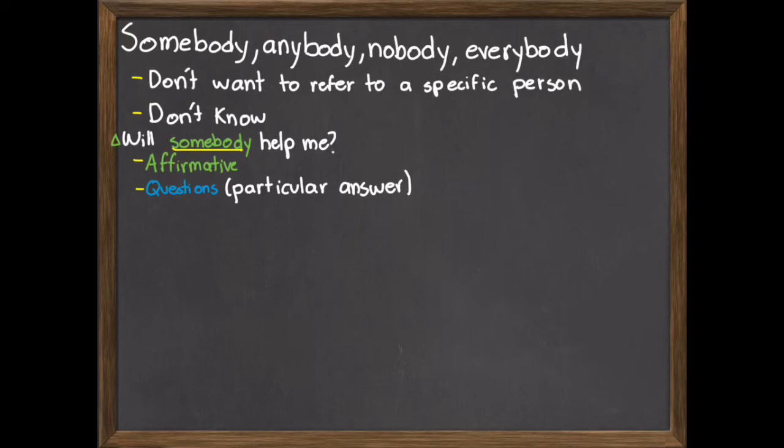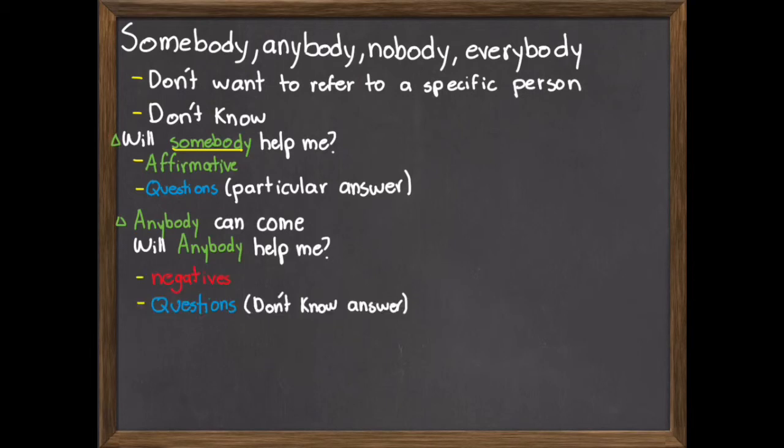Now, there's another case. For example, anybody can come. And will anybody help me? Here it's different, because anybody is usually used in negative sentences, and questions when we don't know what the answer will be.